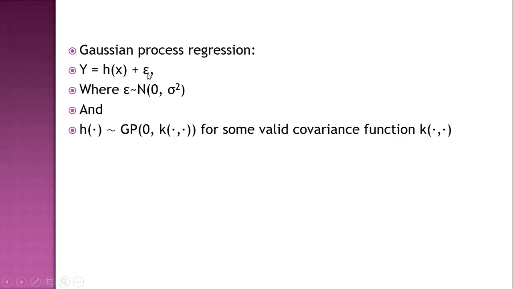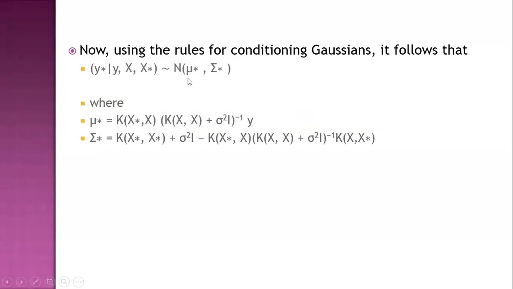So Gaussian process is written as this, where the error term is of course normally distributed with this variance, and this for some valid covariance function. So this is Gaussian process regression. And similar to our previous approach, we can solve and we can predict the values here like this. So this is the prediction of the mean and this is the predicted variance.